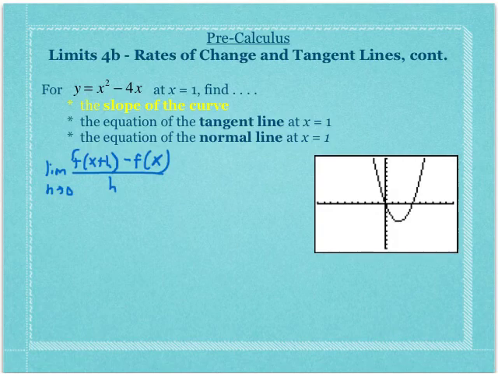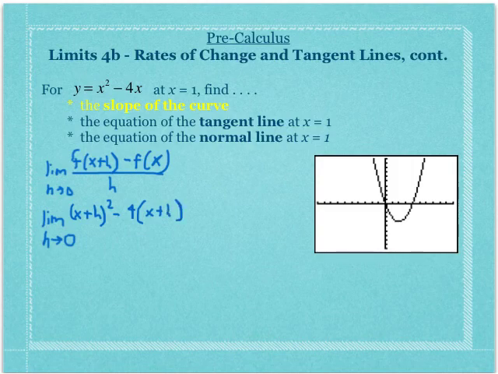In this case, it's going to be the limit as h approaches 0. Now I have to put x plus h in place of each of the x's here, not just this one, but also this one. So this will be a little tedious, but it's going to be x plus h squared minus 4 times, well, I have another x, so I have to put the x plus h in there, like that.